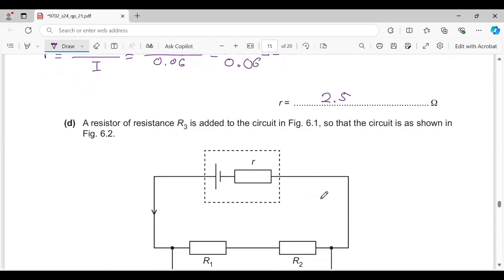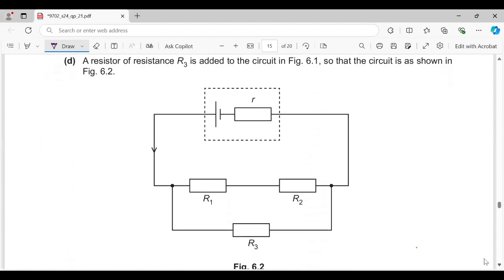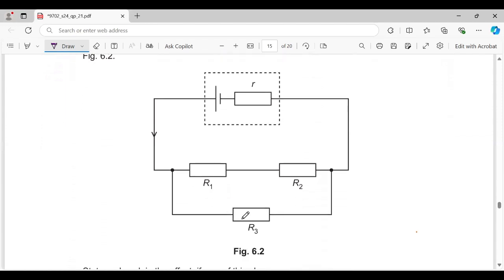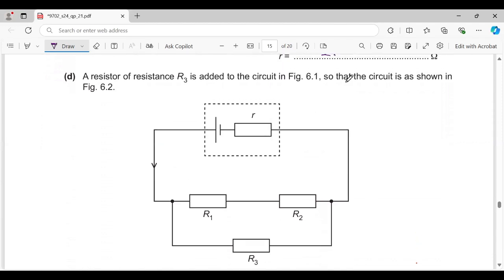A resistor of resistance R3 is added to circuit figure 6.1, the third resistor, so that the circuit is as shown in figure 6.2.